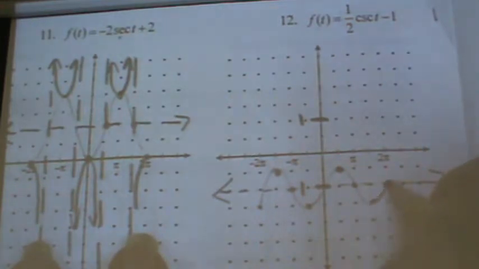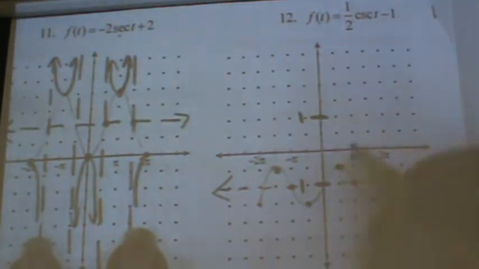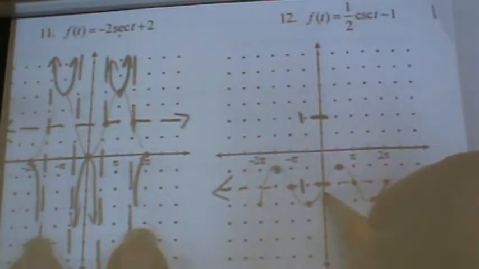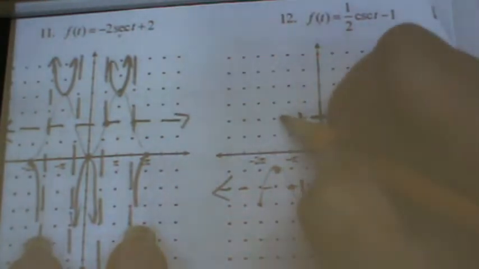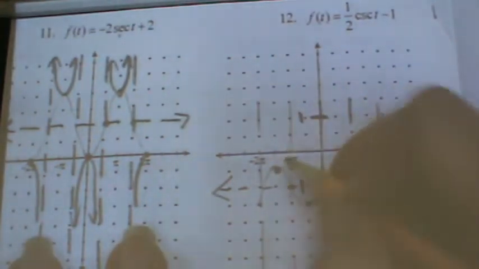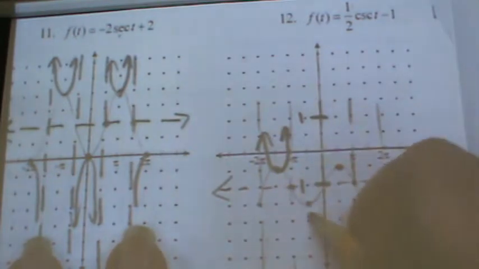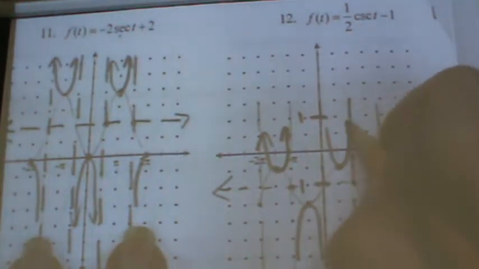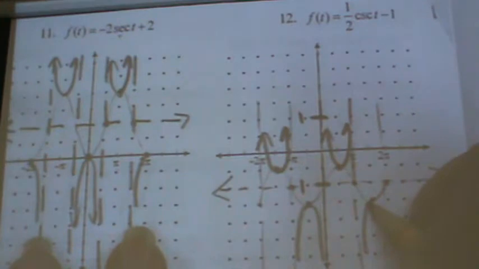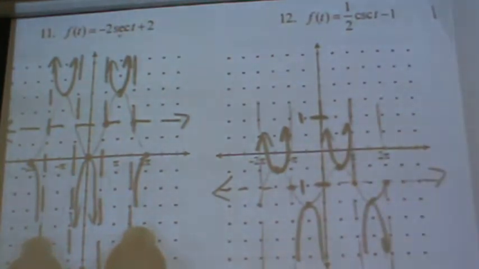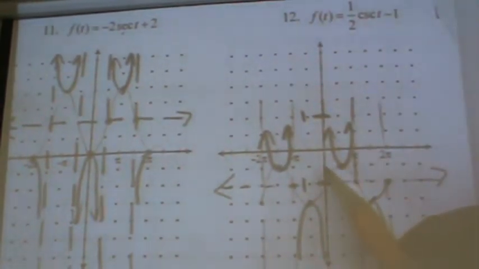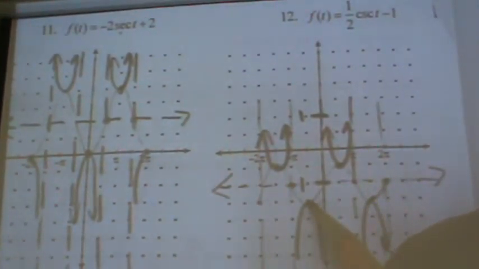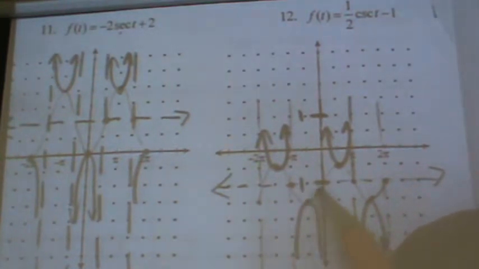As long as you label your axes, I mean technically it should be in between here, but we're just doing this so we can see it. Put your zeros in. Everyone catch that one? So I started at -1, so each of these I did half. Even though this looks like 1, it's really half.